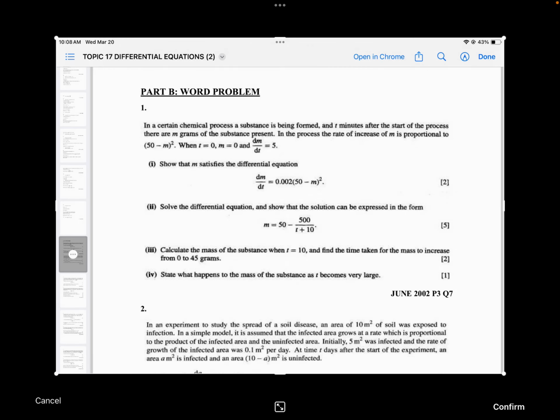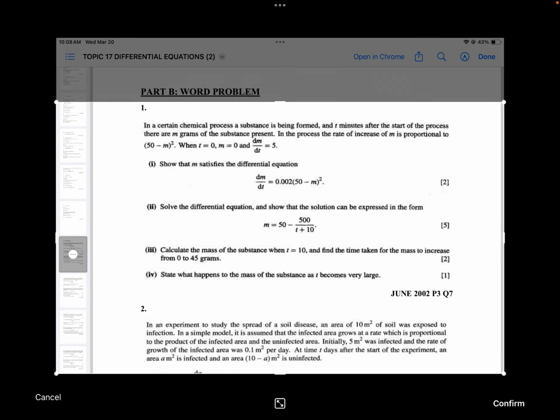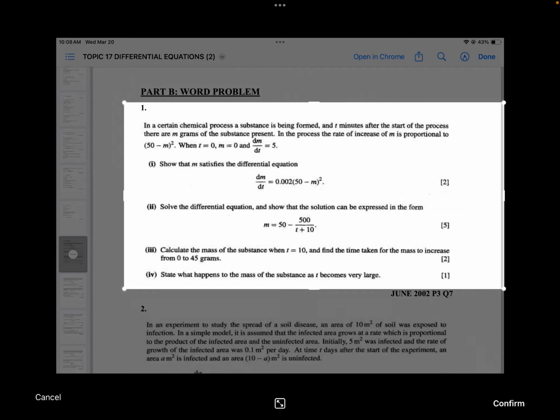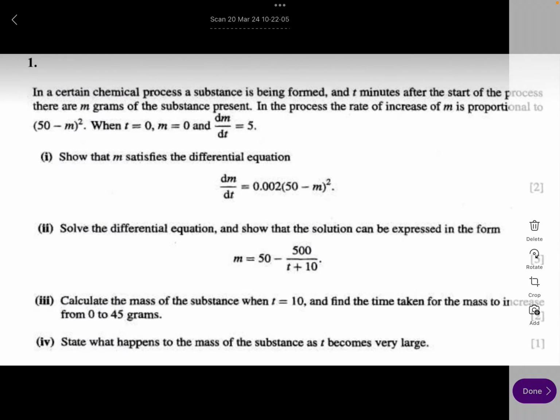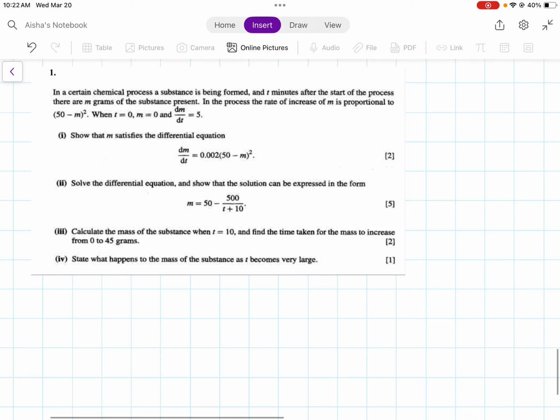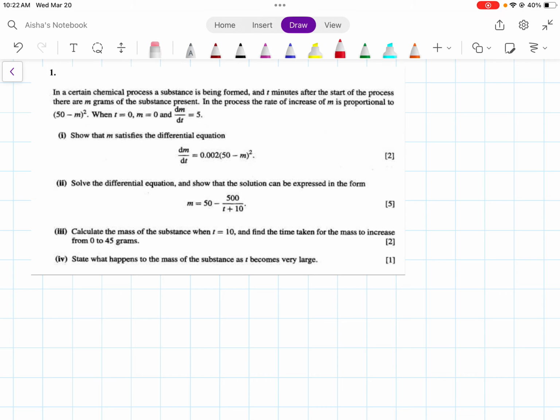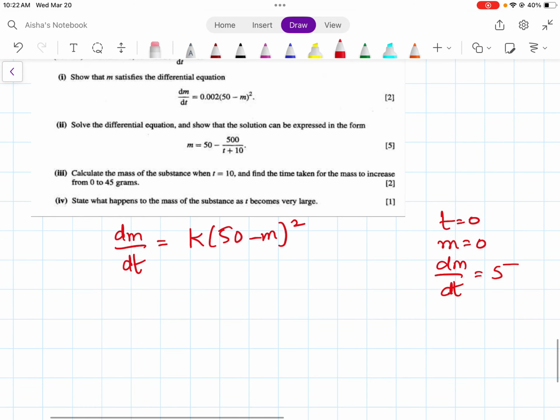Let's do a word problem now. In a certain chemical process, the substance is being formed t minutes after the start of the process. The rate of increase of m is proportional to this. For proportional I've used the variable k. They want us to show this equation, okay?